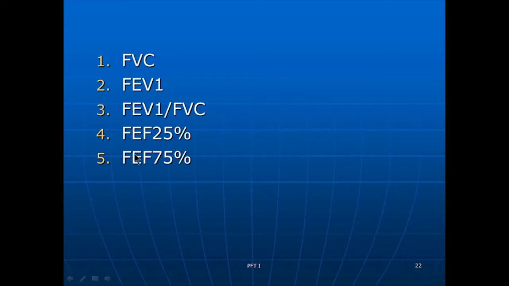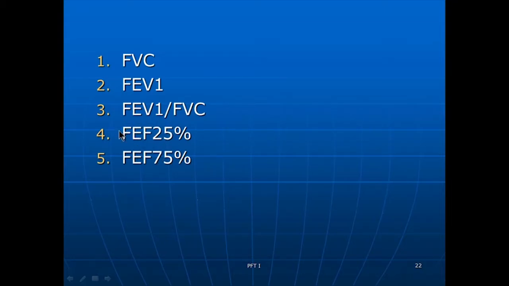The last two things that are measured in spirometry are independent of effort. So these two things are independent of effort, and they look at flow. So forced expiratory flow at 25%, forced expiratory flow at 75%.